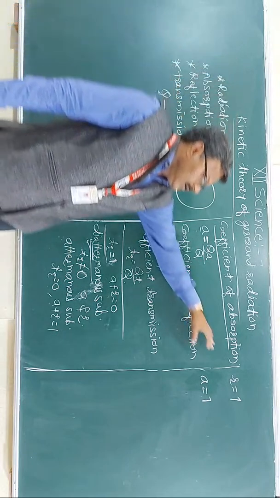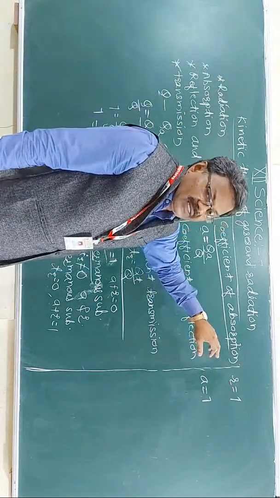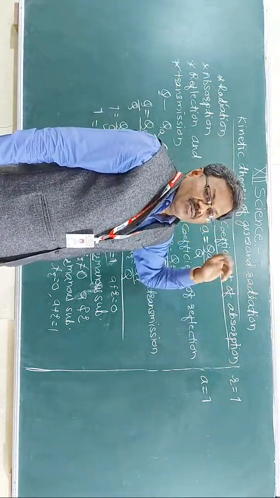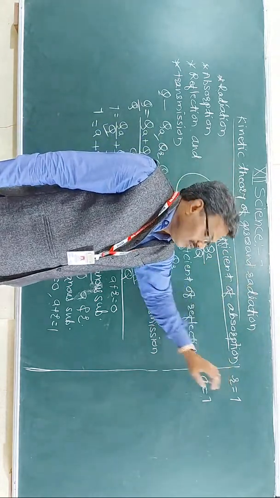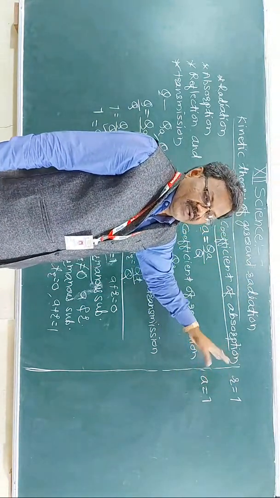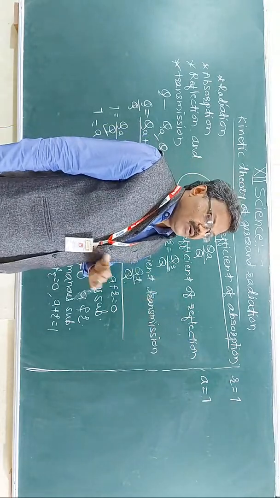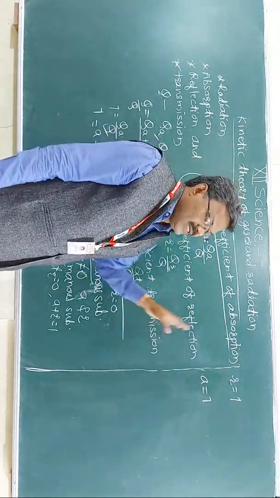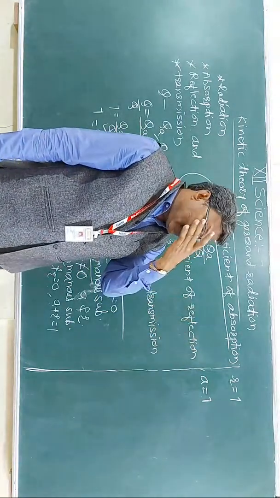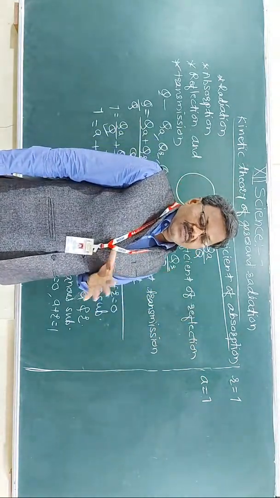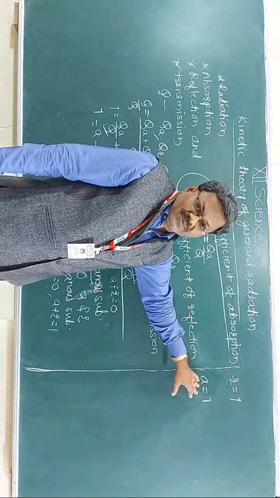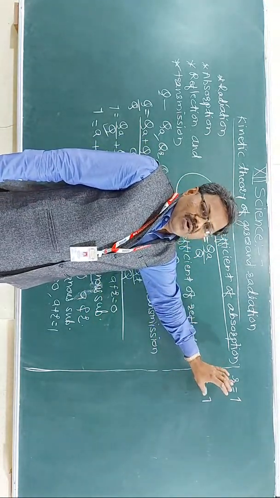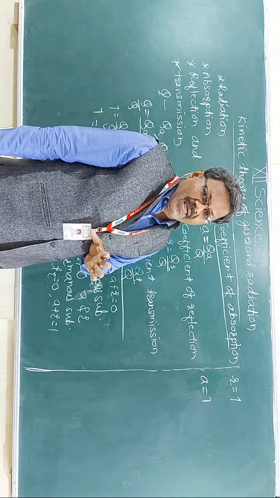Also, when the coefficient of reflection is maximum, these are good reflectors. When the coefficient of absorption is 1, it means the total energy incident on the body is absorbed by the body. It is called the perfect black body.